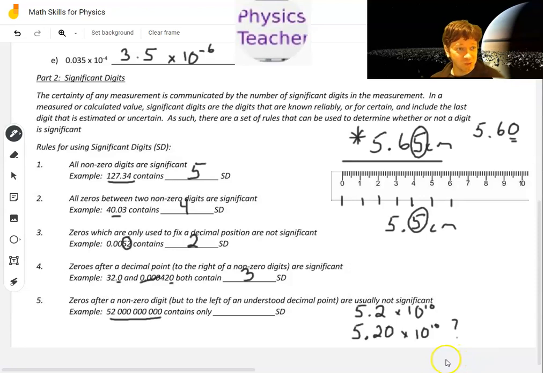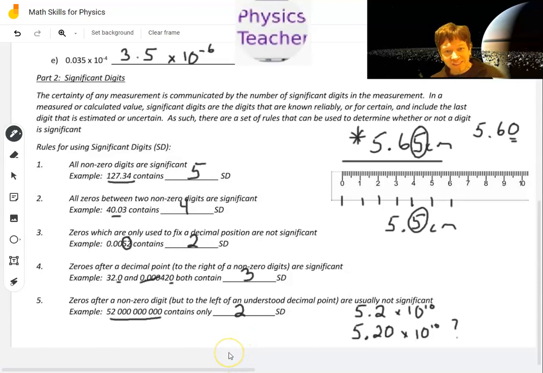Or is it 5.200? I don't know. Writing a number like this says nothing about the accuracy. So in a proper scientific report, you'd never see a number like this. And if you do see a number like that, the only thing you can really do is assume the worst case scenario, that it only has 2 significant digits.